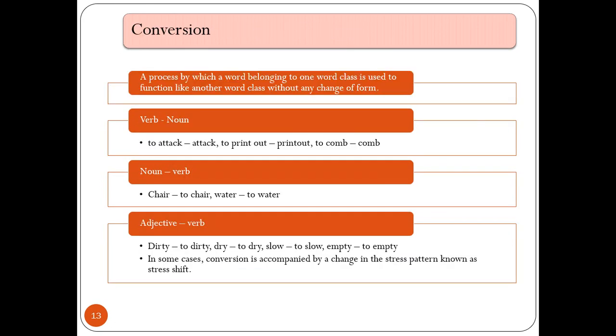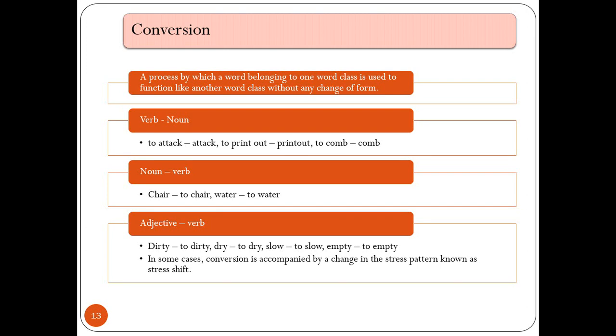Now move on to the external modification. These were all internal modifications, modification within the word. Now this one is conversion. Conversion is a process by which a word belonging to one word class is used to function like another word class without any change of form.